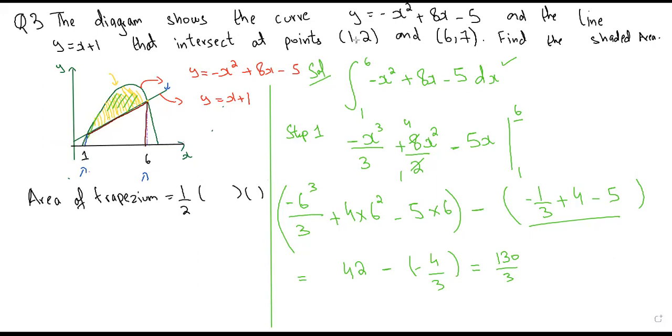Okay. So we have been told that we have these 2 points. So this is 2, and then this is 7. Okay, very good. So this length is 2, and then that length is 7. So 2 plus 7, and then what about the height?